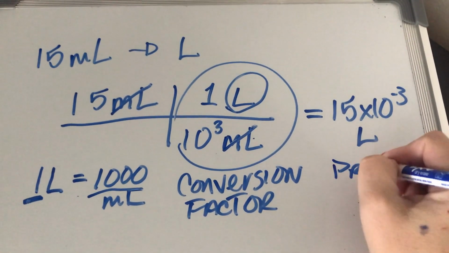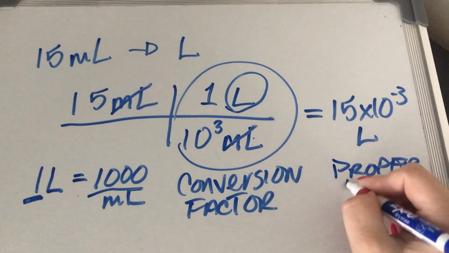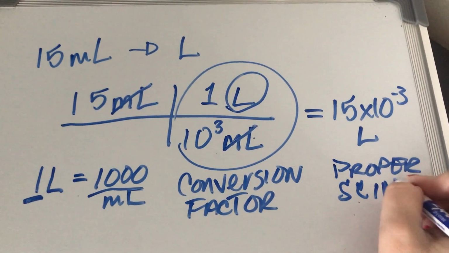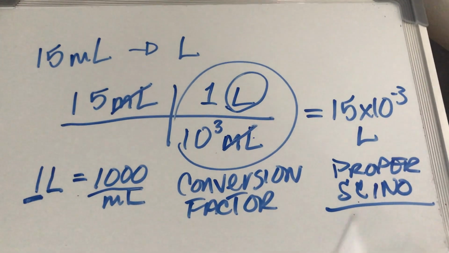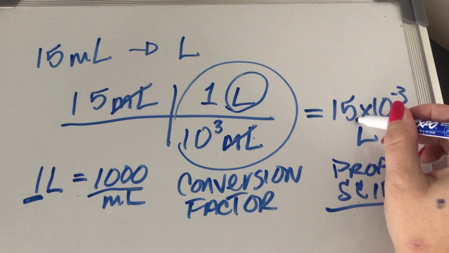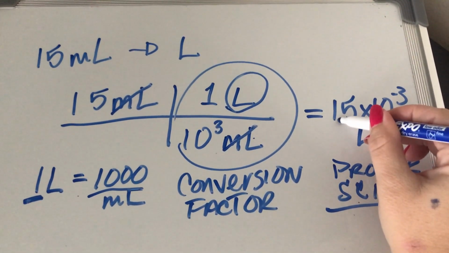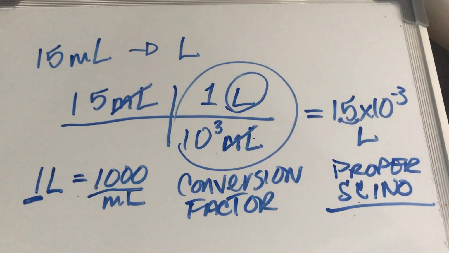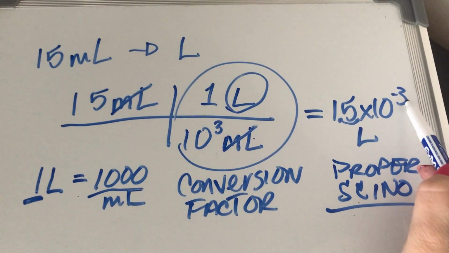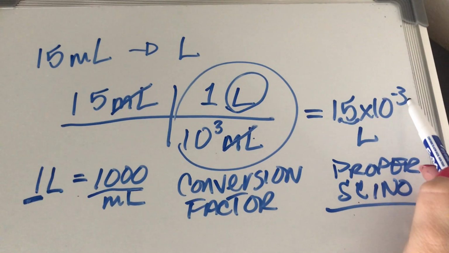So, proper scientific notation would have us move the decimal place over from here 1 place, right? Would that make the exponent bigger or smaller? Smaller would make it -4.